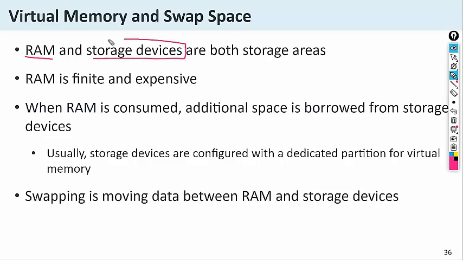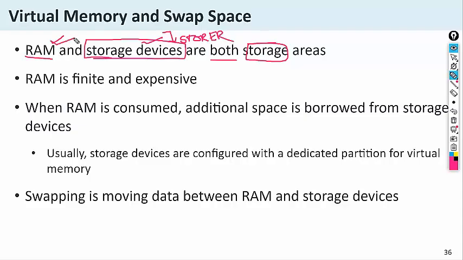So RAM and storage devices are two types of memory. RAM is volatile memory, storage is non-volatile, and both have storage areas inside. When you store data on your storage device, your data will always remain stored, and later on you can access it.